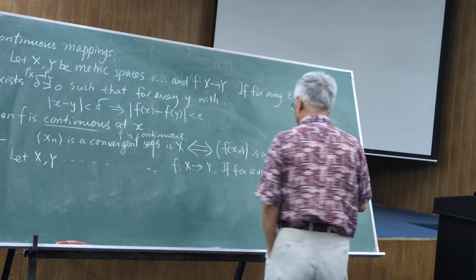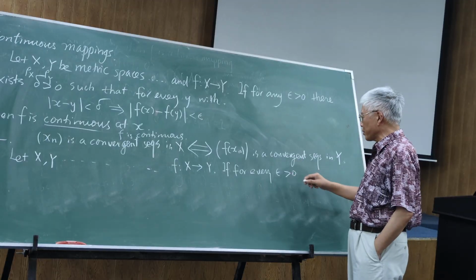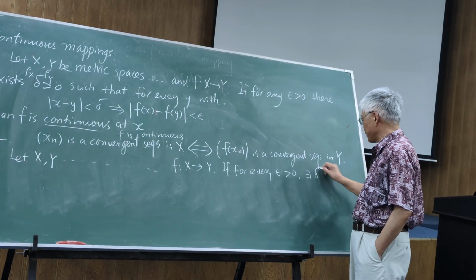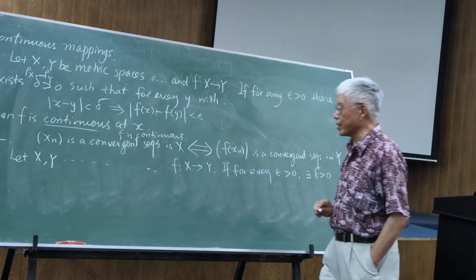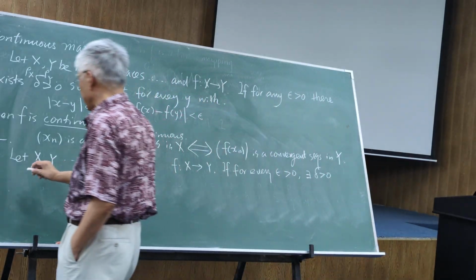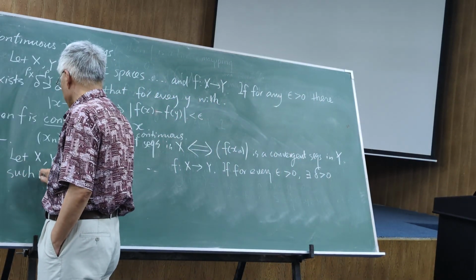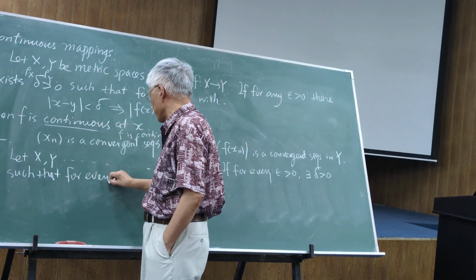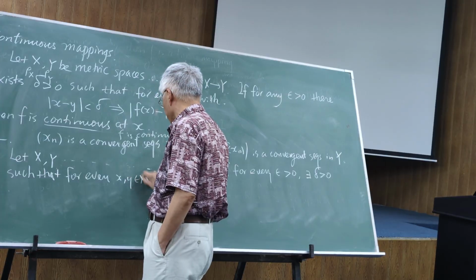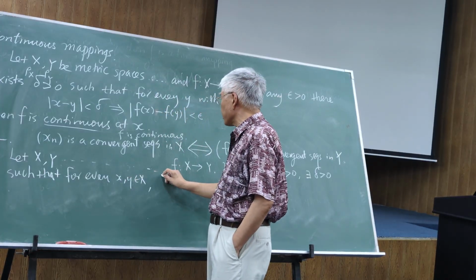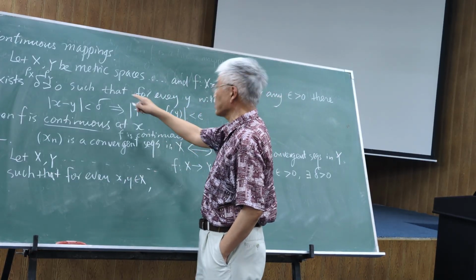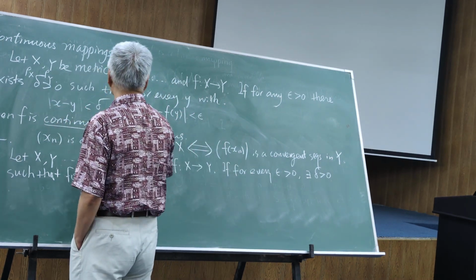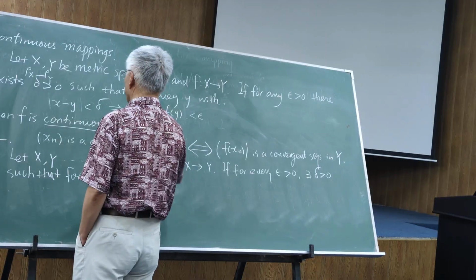Now here we're looking at the epsilon delta terminology. For every epsilon, there exists a delta, such that for every x, y in X, their distance, oh, this is a metric space, so I shouldn't have written this here. This is Euclidean space. Nobody complained.